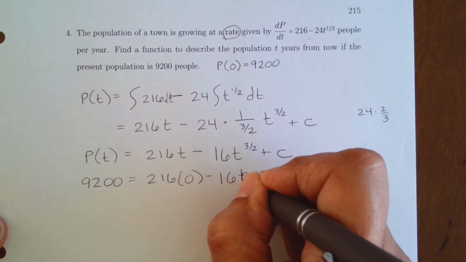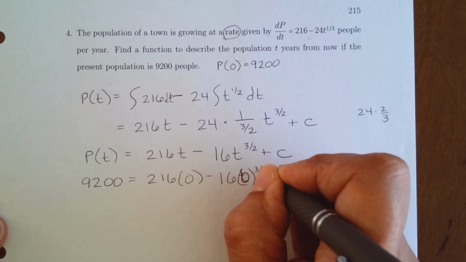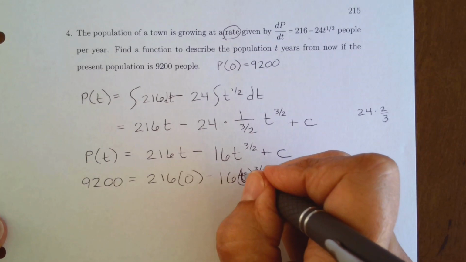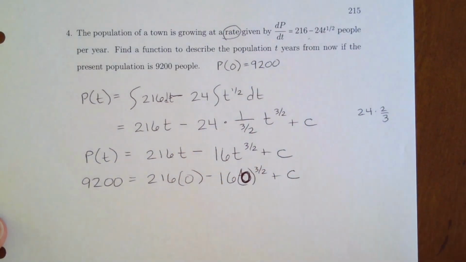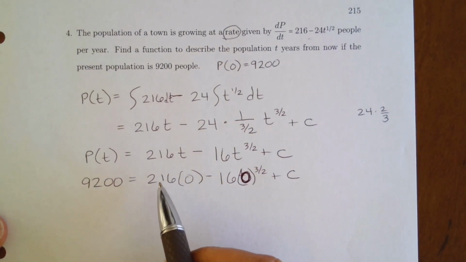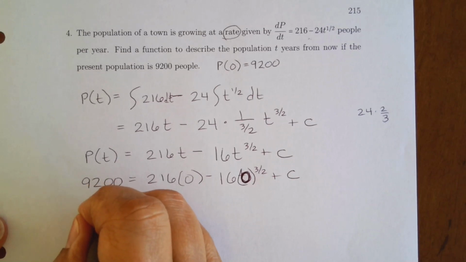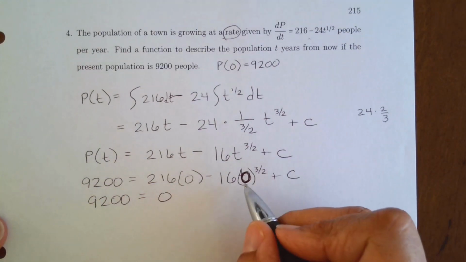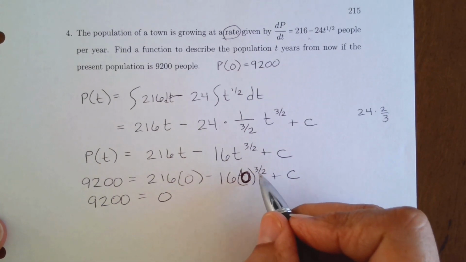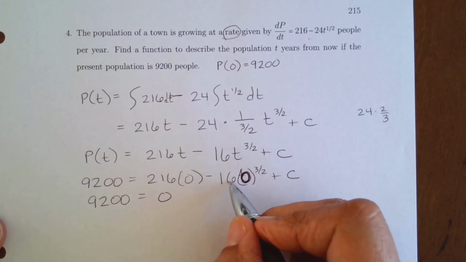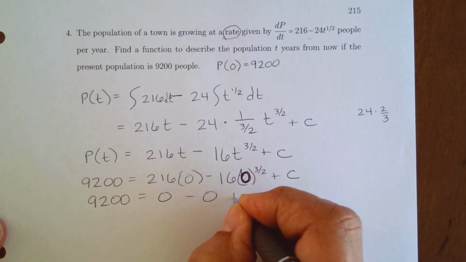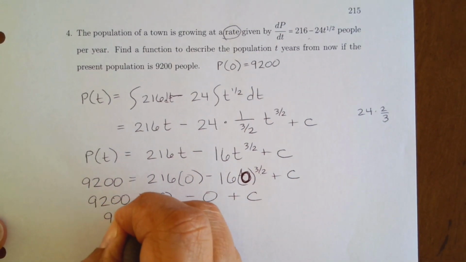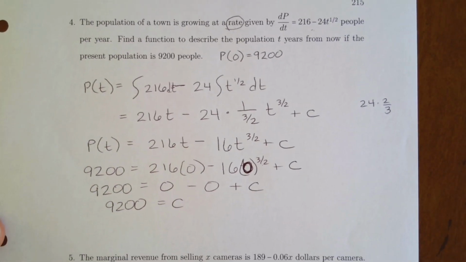This time we have 216 times 0, that's 0. We have 16 times 0 to the 3/2. Well, 0 to any power is 0, and 0 times 16 is 0. So this time it does work out that 9,200 is actually the value of c.